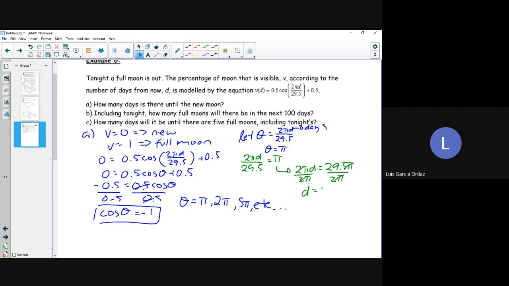So D is equal to 29.5 divided by 2, and D is equal to 14.75. Therefore, it is 14.75 days until the new moon.